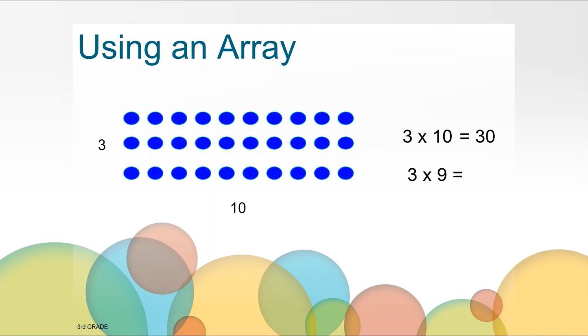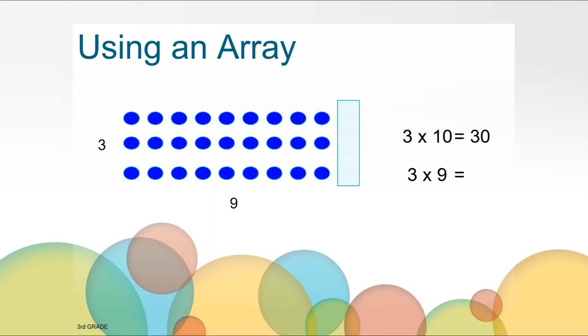If 3 times 10 is 30, how can we use this fact to help us think about 3 times 9? We just need to take off one group of 3, and now our array becomes 3 times 9.